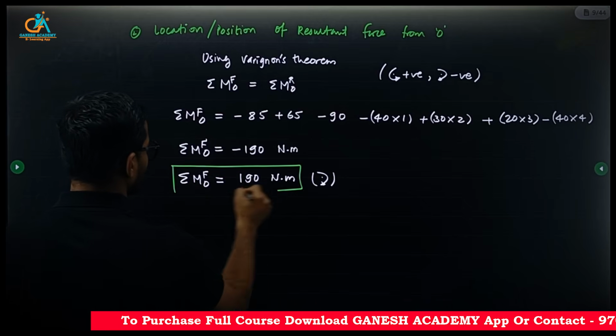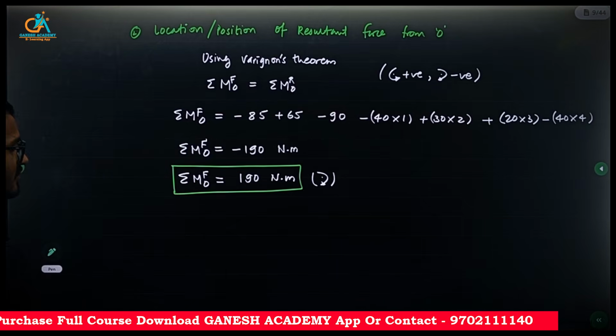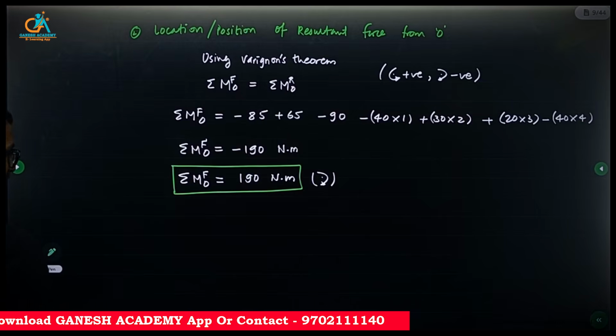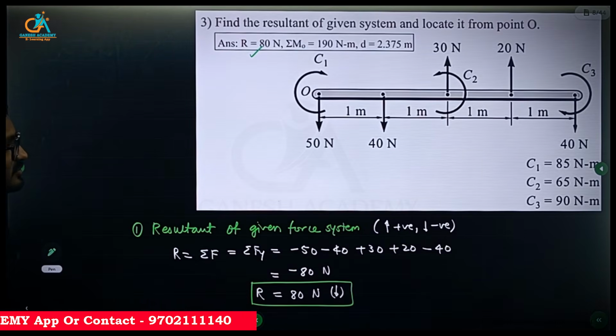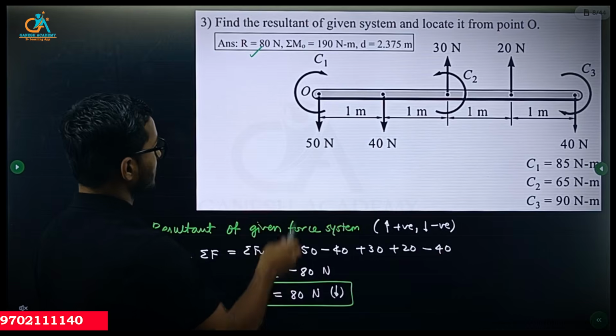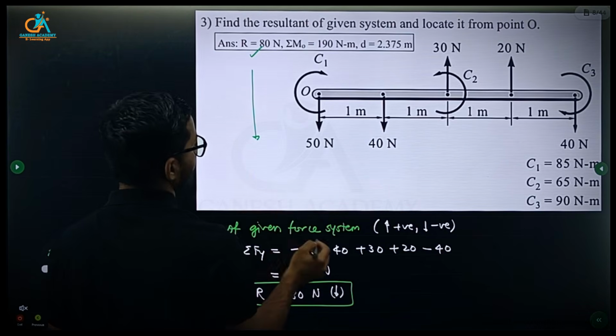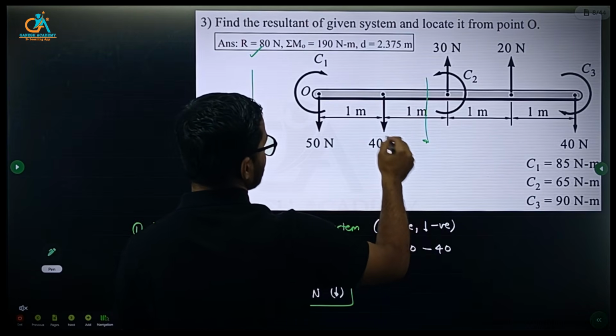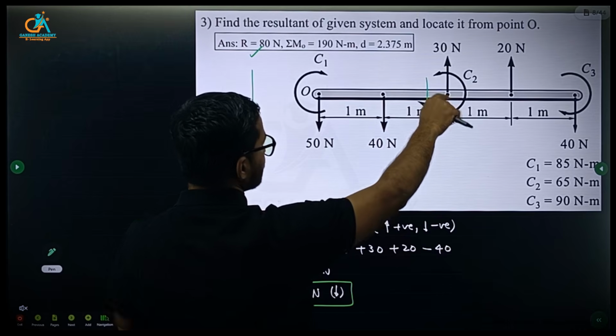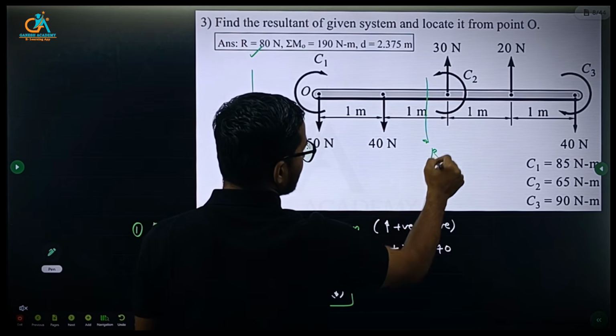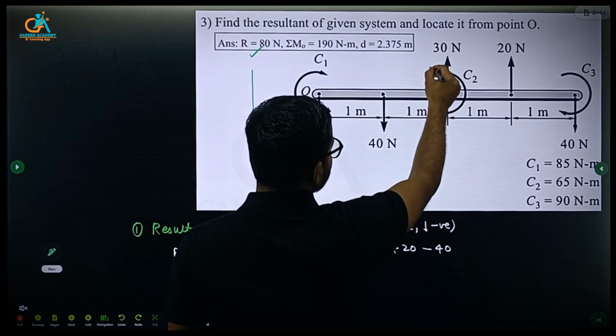So the resultant force will produce clockwise moment about O, having magnitude 190. So either this side resultant or this side, but we are sure now, as the moment of all the forces is clockwise, this will be the position of the resultant.